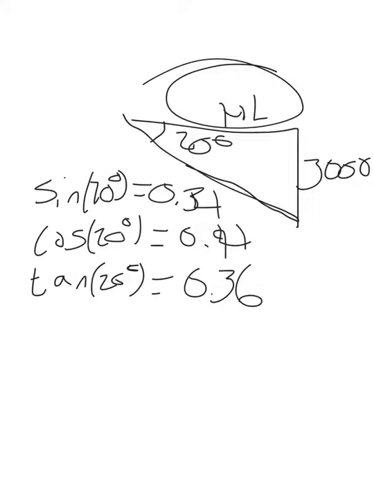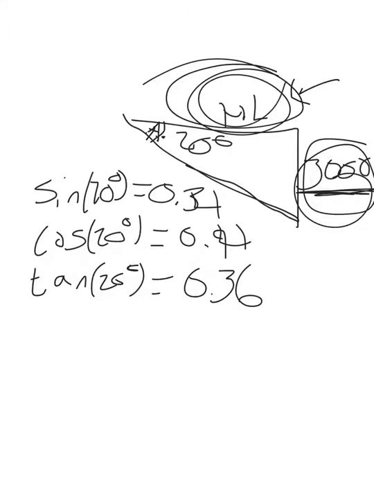Since I know I'm looking for this distance, and I've been given this distance of 3,000, I'm going to look at the angle that was given, the angle of depression. I'll call it angle A. I've been given its opposite, and I'm looking for its adjacent. So the trig function I want is tangent, because tangent deals with the opposite and the adjacent.